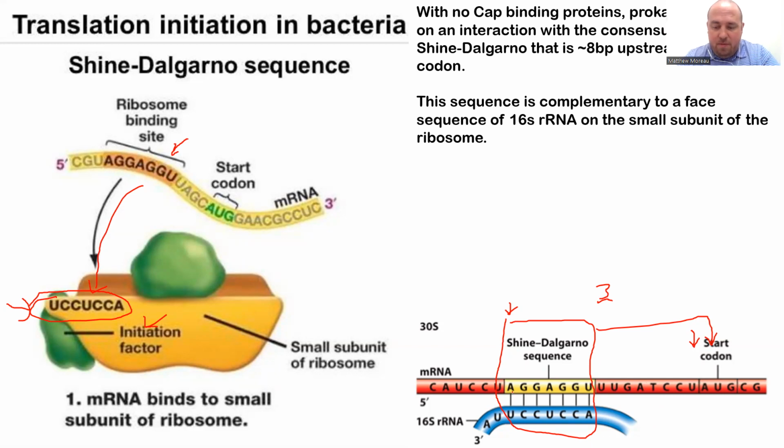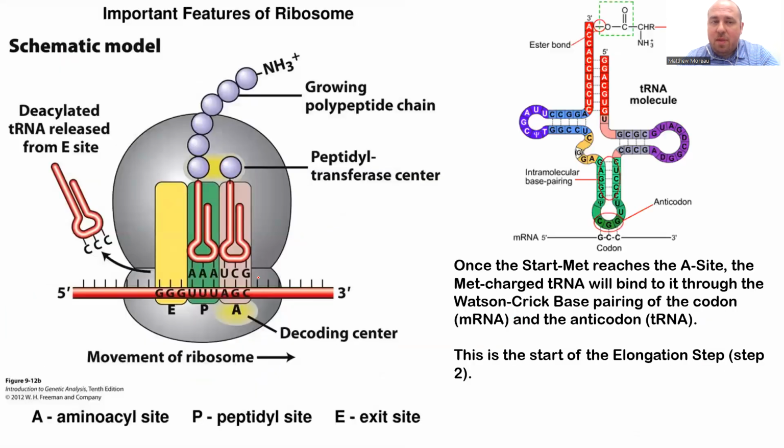So from here, we get this feature where the Shine-Dalgarno sequence sits down on the 16S rRNA, and the secondary initiation factors are bound to the ribosome. This is the triggering of translational initiation.